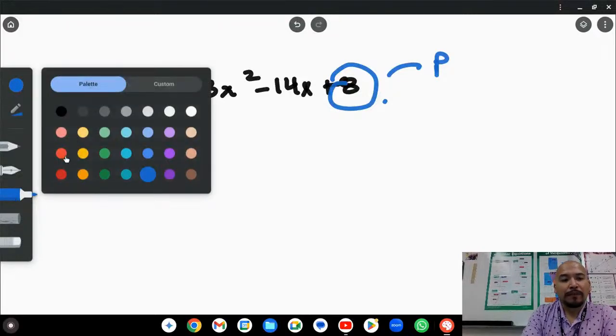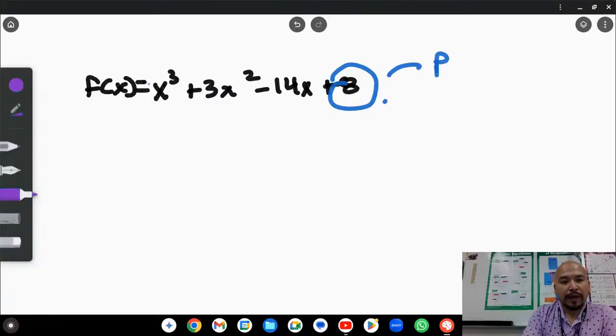My q is always going to be the one with the highest exponent. In this case, the coefficient of x to the third power ends up being your q. So what do we call that? Just 1. Now, it's up to you how you want to do this part, but this next part is pretty simple.